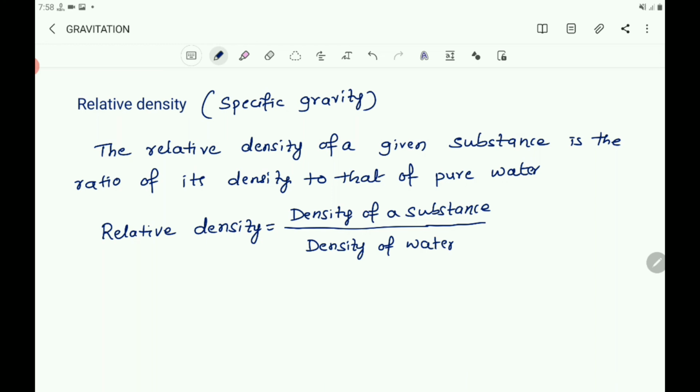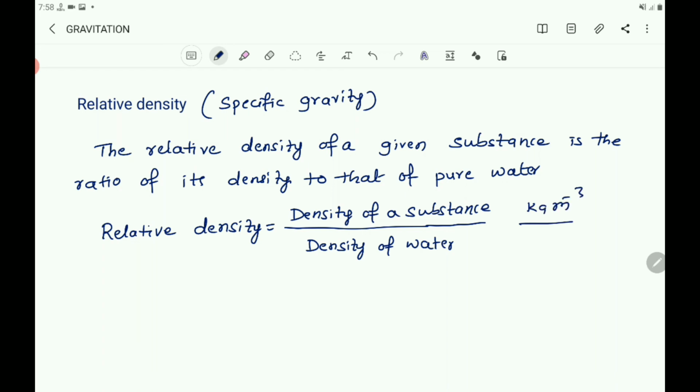So what is relative density? That is the ratio between the density of a given substance to the density of pure water. And this relative density is not having any unit. Why is it not having any unit? Because if you take the density of a substance, the unit is kg m power minus 3.